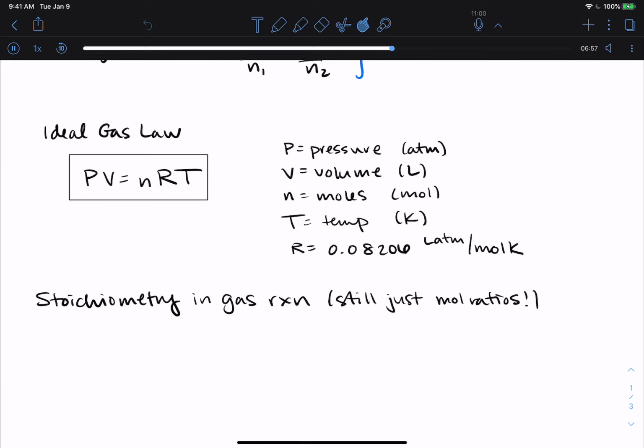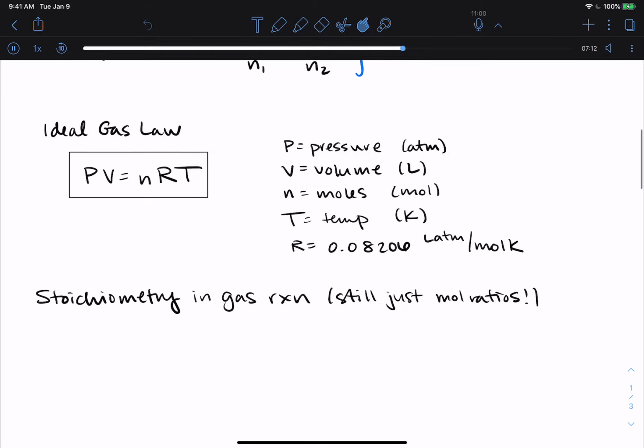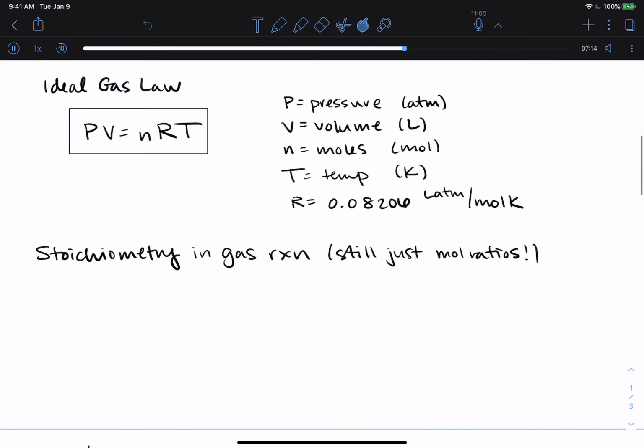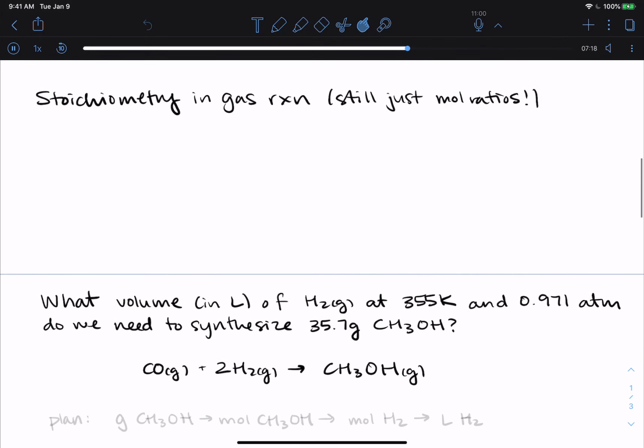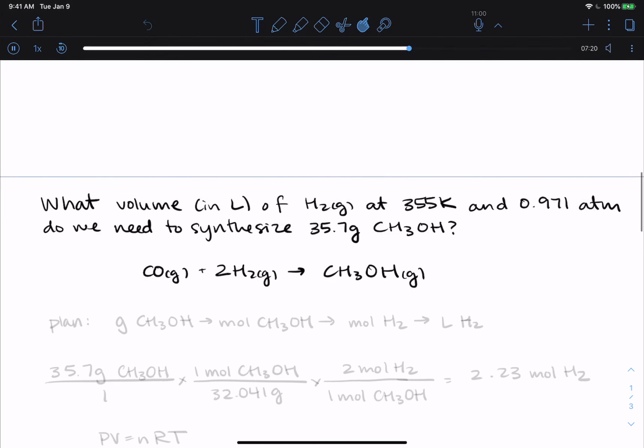It's exactly like the stoichiometry calculations we did before. You just might have to use the ideal gas law to either get the number of moles or go from the number of moles to the property that you've been asked to calculate. So that's it. Actually, I don't have any points underneath that. I'm going to pause, get a sample problem written out, and then we'll take a look.